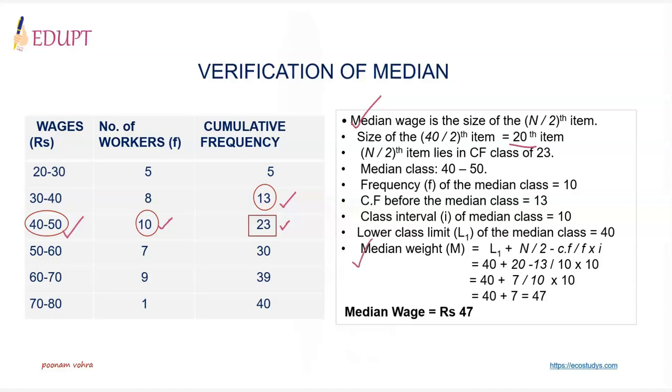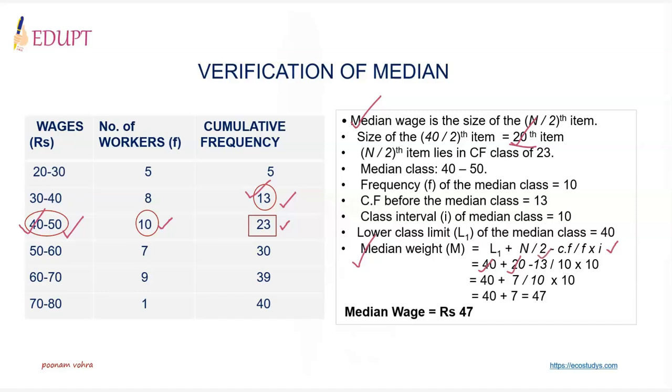So we shall apply the formula L1 plus n by 2 minus cumulative frequency divided by frequency into I. L1 is 40, n by 2 is 20, we have already found that, and cumulative frequency is 13.